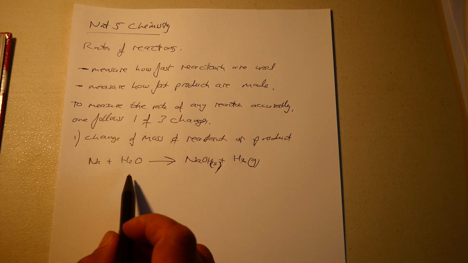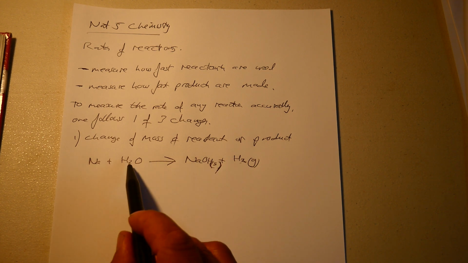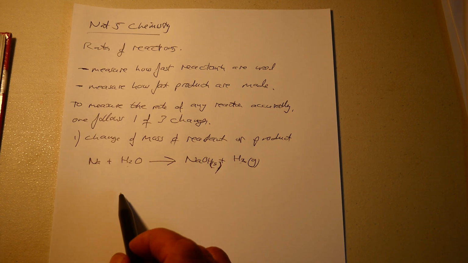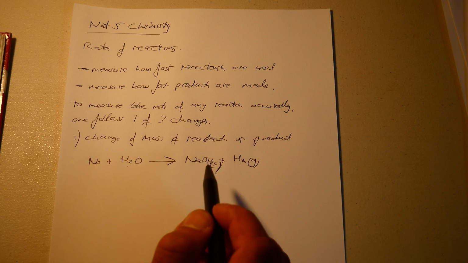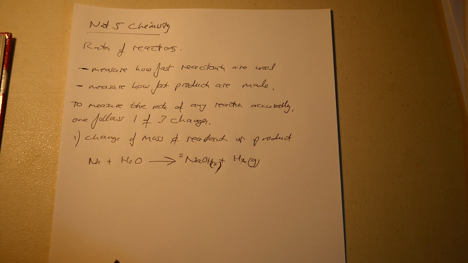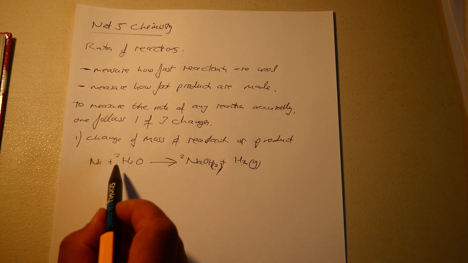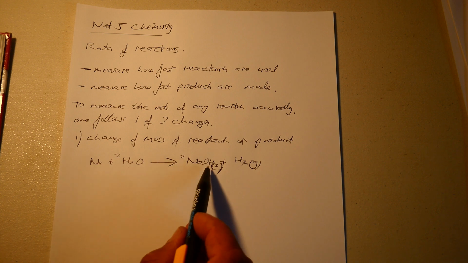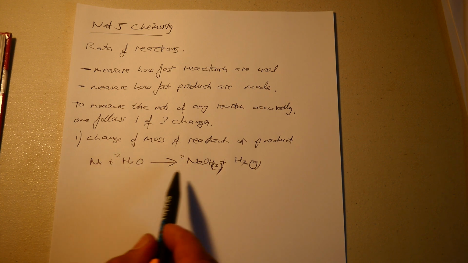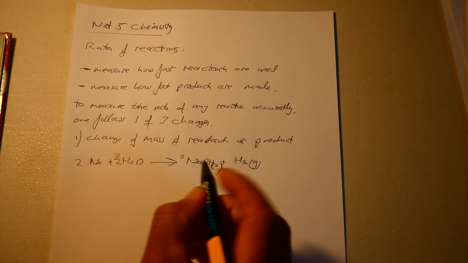I'll explain balancing a little bit later, but to quickly balance it, if you turn this into 4, put the 2 there. So there's 4 hydrogens, 2 oxygens, and 2 sodium on each side. Okay? So you can write that like that.